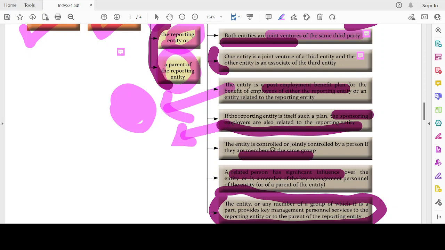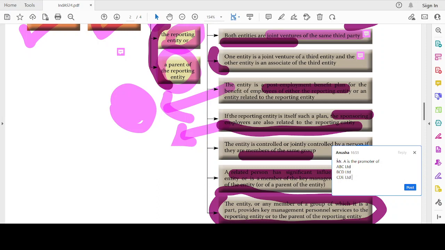The entity is controlled or jointly controlled by a person if they are members of the same group. For example, Mr. A is the promoter of some company, say ABC Limited. Then he has BCD Limited. Then he has CDE Limited.